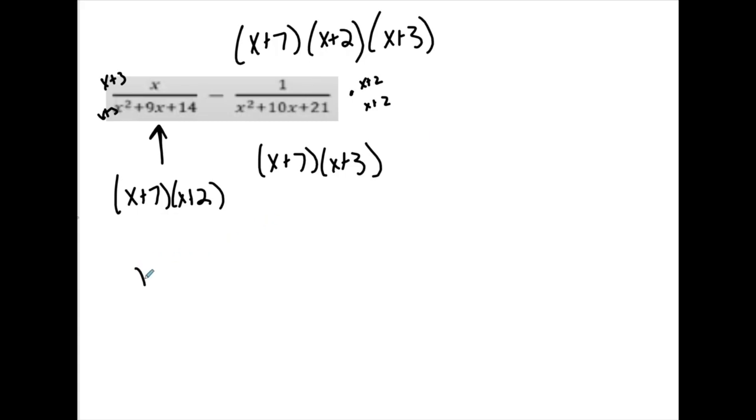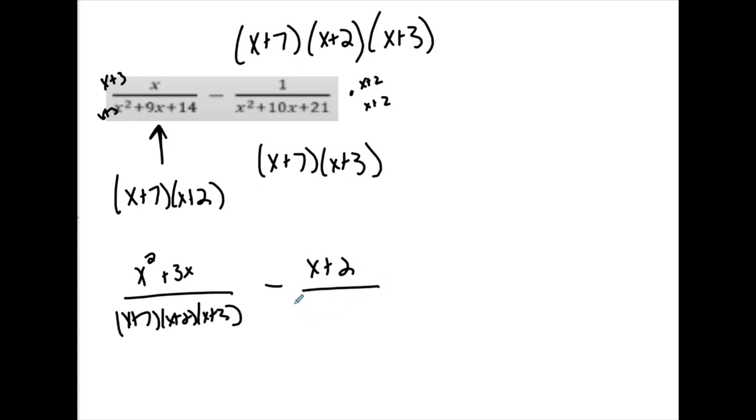So I've got x squared plus 3x over x plus 7, x plus 2, x plus 3, minus x plus 2 over x plus 7, x plus 2, x plus 3.